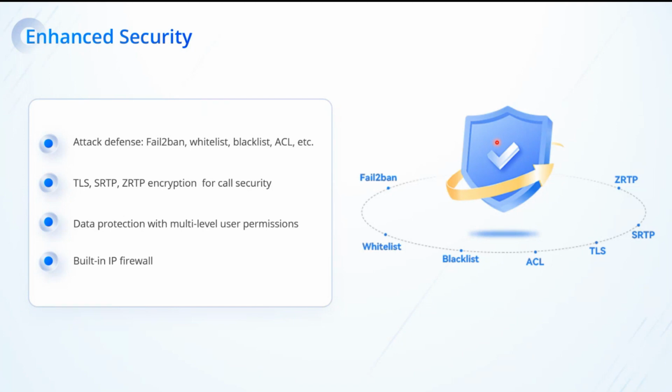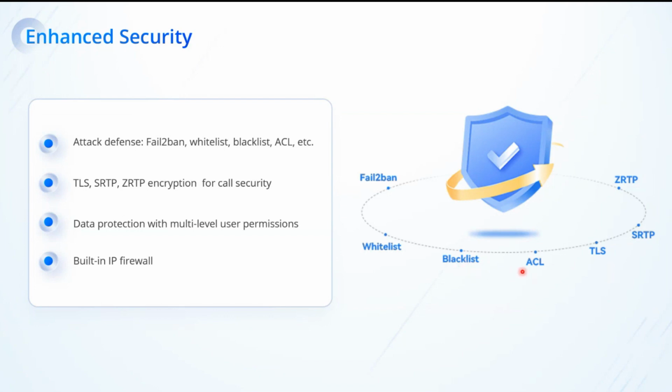Our PR version, and even the other versions, always provide mechanisms for security purposes. Fail2ban is one of the key features for the PBX, and whitelist and blacklist are other features to block certain IPs, users, or others for restriction.